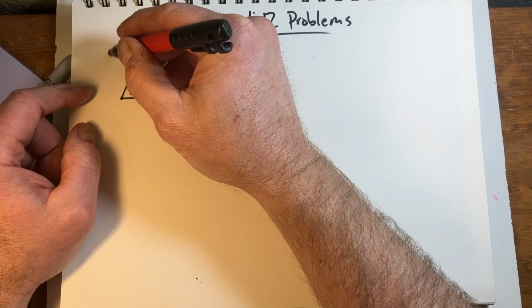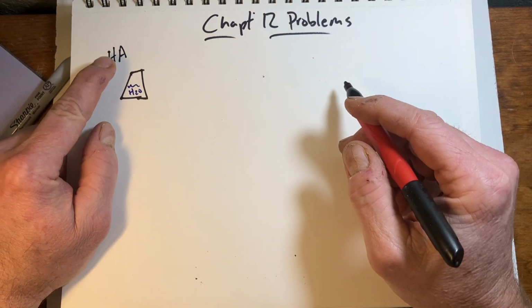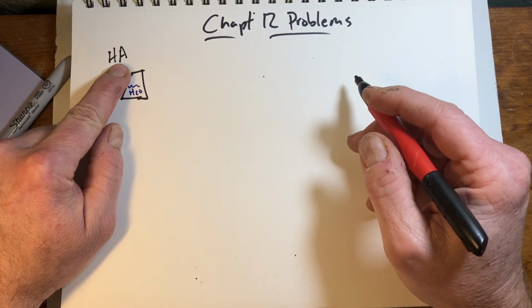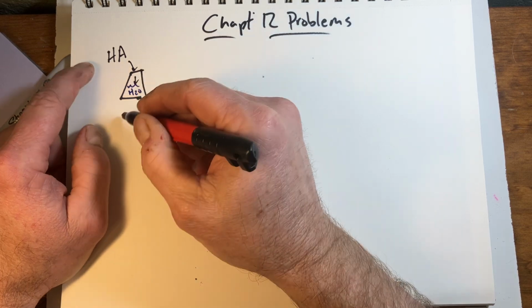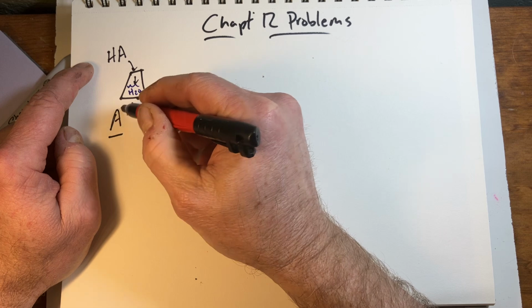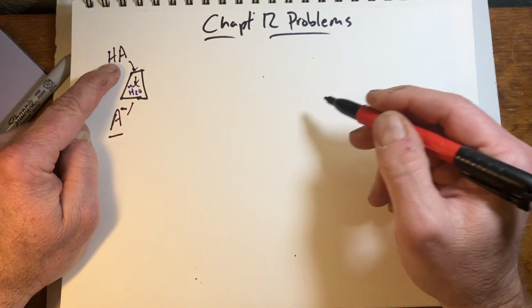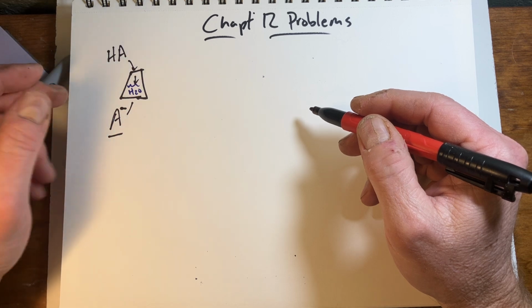So let's say we have an acid, and we'll just represent it as HA, H being the acidic proton, and A being the conjugate base. When we put it into the water, we're going to get some sort of equilibrium between the A minus and the HA in the water. It's going to come to equilibrium because these are both weak.